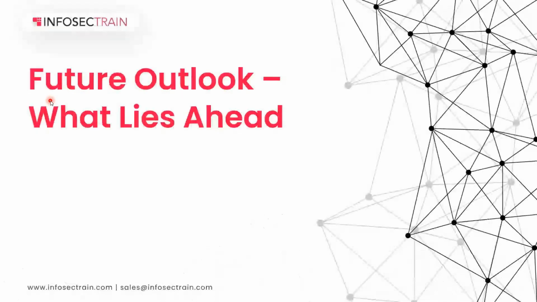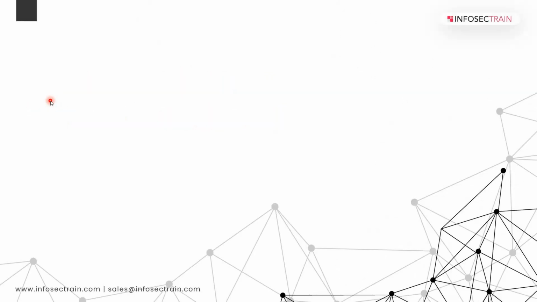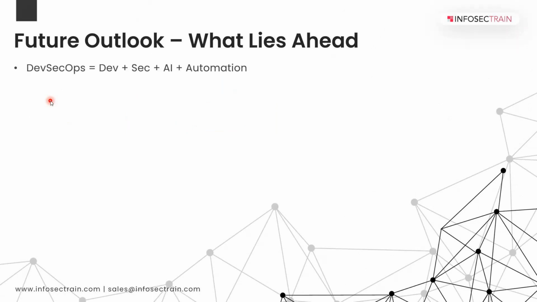So for the future outlook, what lies ahead in our setup? You have to take care of your DevSecOps, which is nothing but Dev plus Sec plus AI plus automation. You have to deal with all these things in the upcoming stage.